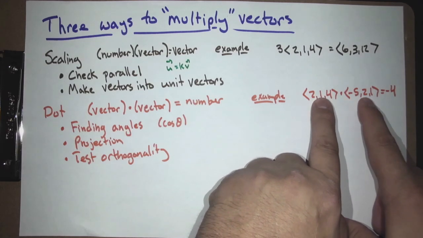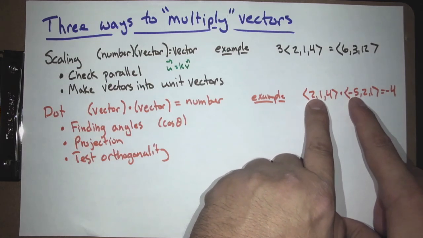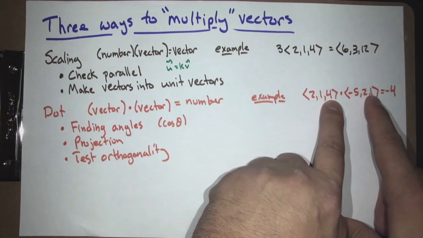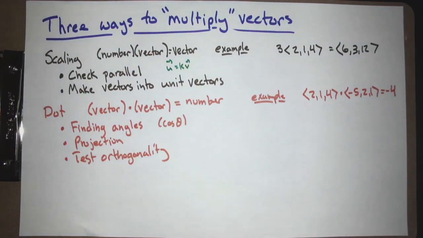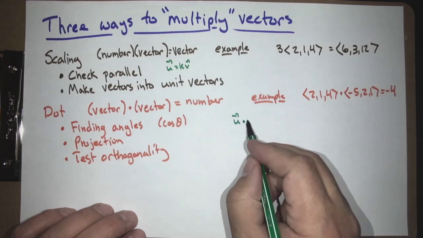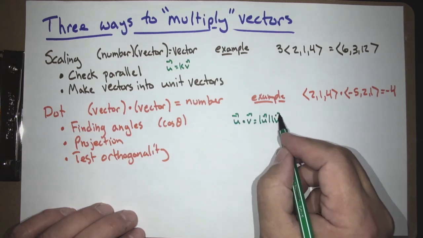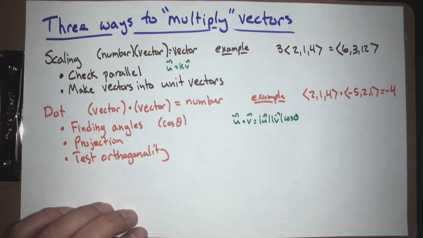I know how to multiply 2 times 5: -10. Plus 2, plus 4. And that's a number. Now, what do we do with this number? Well, it turns out there's this nice fact that the dot product is the magnitude of u, magnitude of v, cosine theta.